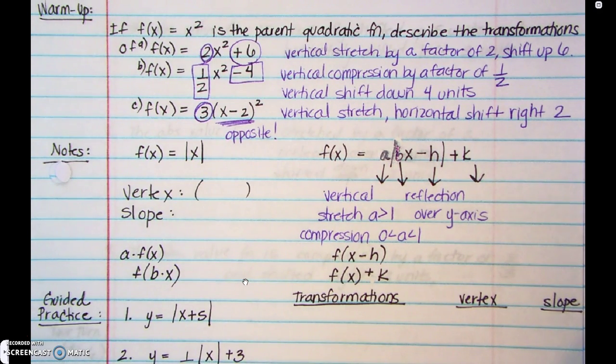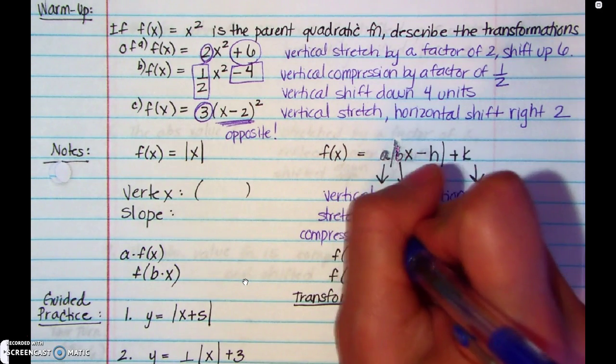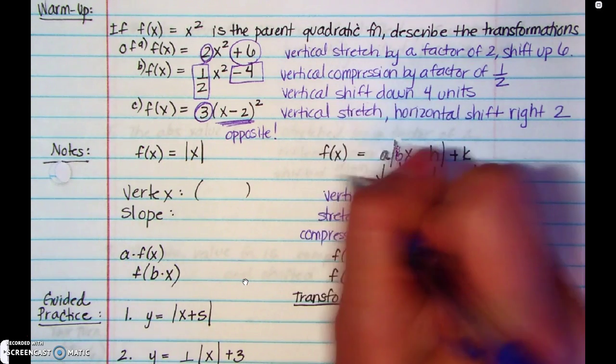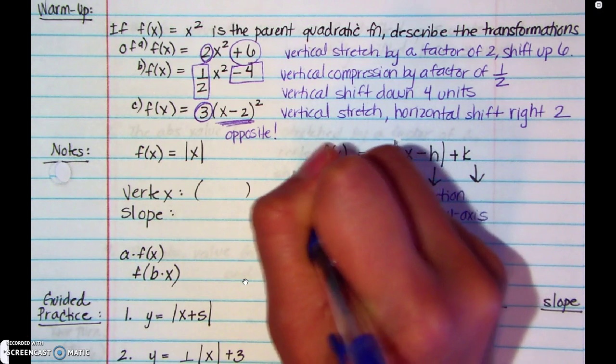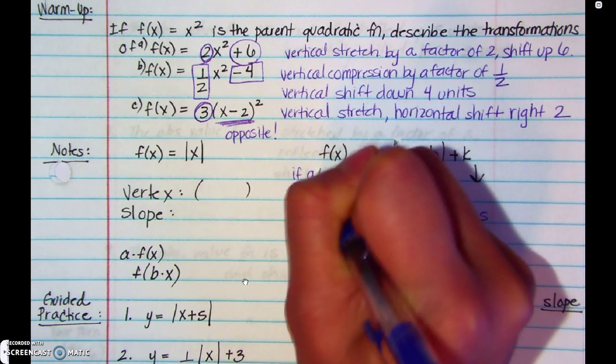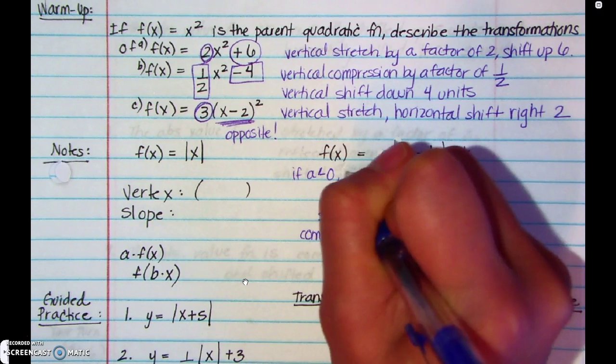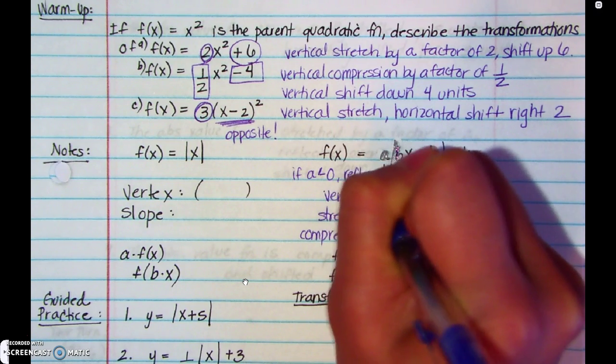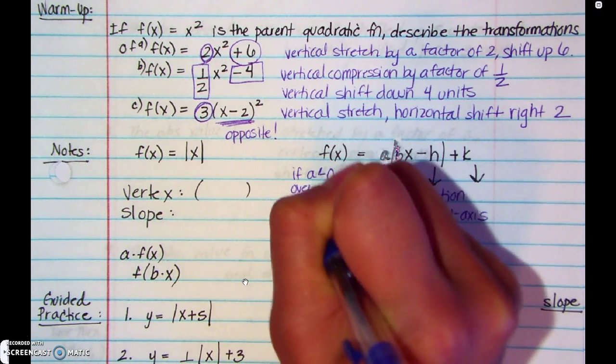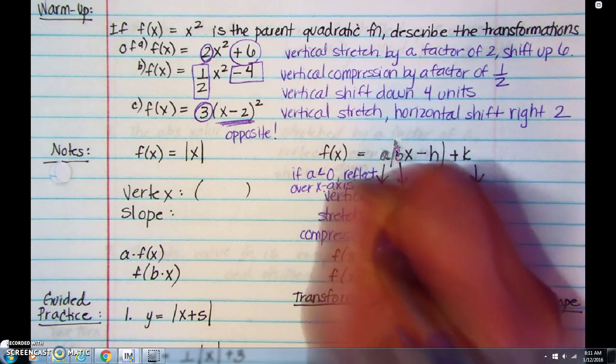So B tells you if it's a reflection over the y-axis. It also reminds me that if A is negative, if A is less than 0, then it is a reflection over the x-axis.